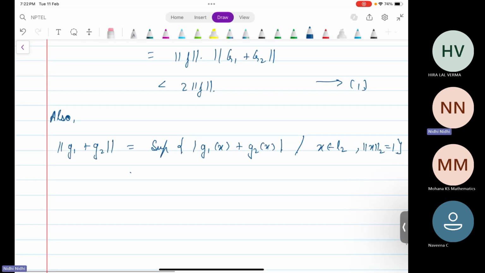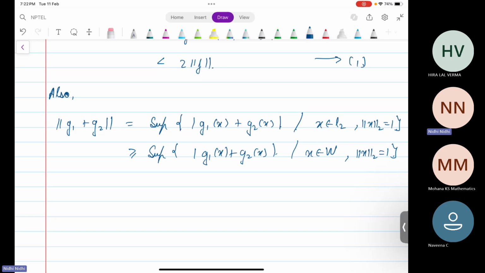Now this should obviously be greater than or equal to the supremum of mod g1x plus g2x, where x belongs to W, because W is a subspace of L2, with norm x equal to 1. Now one can easily see, because norm g1 and norm g2 are equal to norm f, this is greater than or equal to 2 times norm f. Or in fact, this will be equal to 2 times norm f.